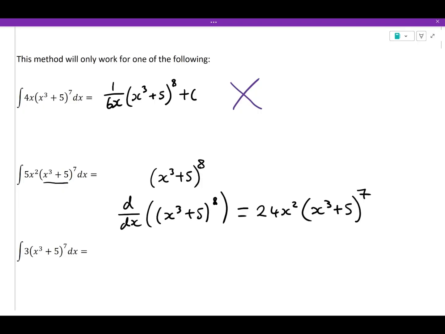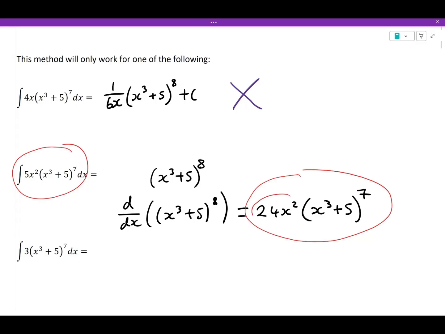So now let's do our comparison step. We're going to compare what we've got here with our initial integral. And as you can see, the bracket raised to the power is the same, so we're in particular focusing on what is in front. We got 24x squared. Over here, we have 5x squared. So how do I get from 24x squared to 5x squared?